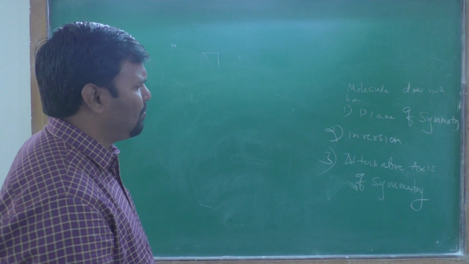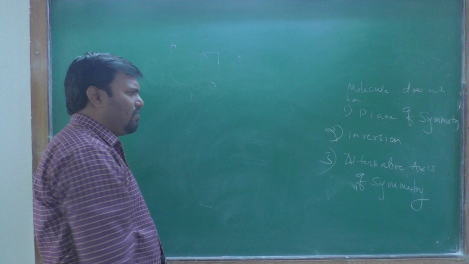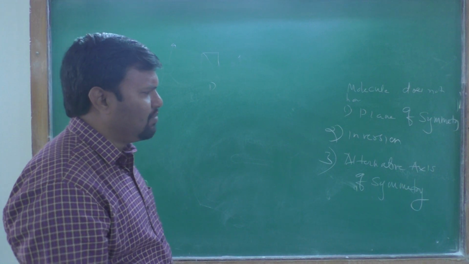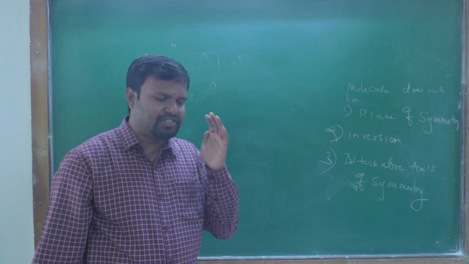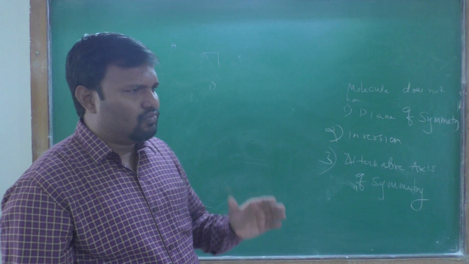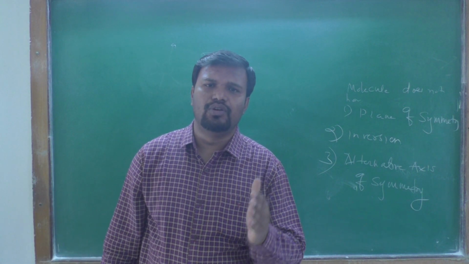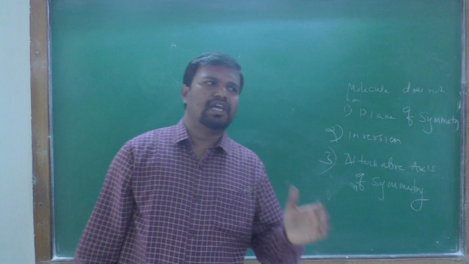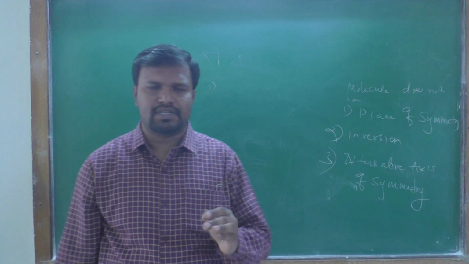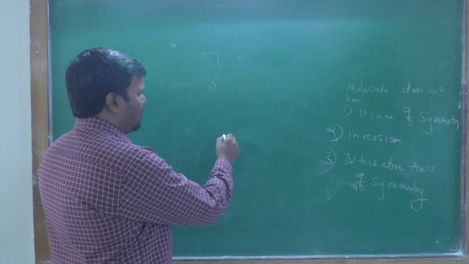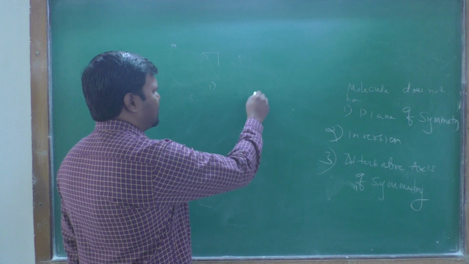Let us start with the plane of symmetry. Plane of symmetry means an imaginary plane passes through the molecule which divides the molecule into two equal halves. That is called the plane of symmetry. We have an example, tartaric acid.